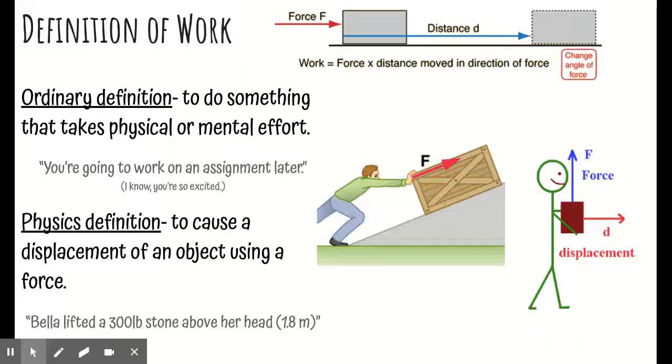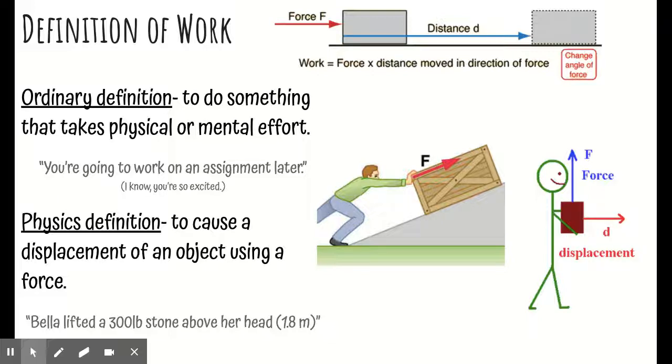But in physics, work is to cause a displacement of an object using force. Those two things have to happen. You have to cause a displacement, and you have to do that by applying a force. An example would be that Bella lifted a 300-pound stone above her head. She's displacing the object using a force that she provided with her body.